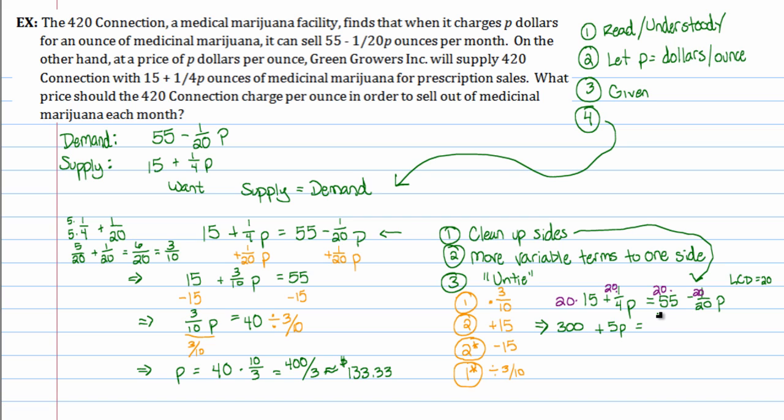And over here, 20 times 55, well, if you don't know that offhand, you can always grab a calculator. That's what I basically just did. It comes out to 1100. And so now look at my equation. Much easier to work with. I'll just add p to both sides to get 300 plus 6p is equal to 1100. Subtract 300 from both sides. And then go ahead and divide by 6.